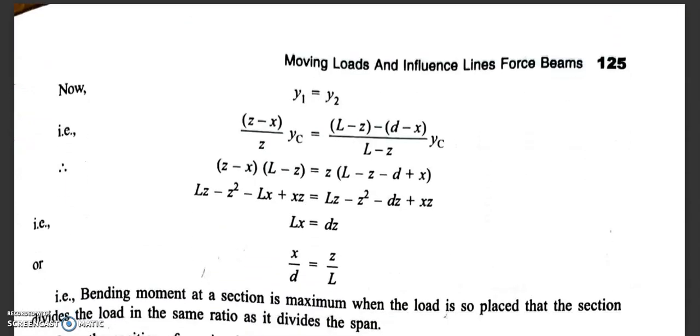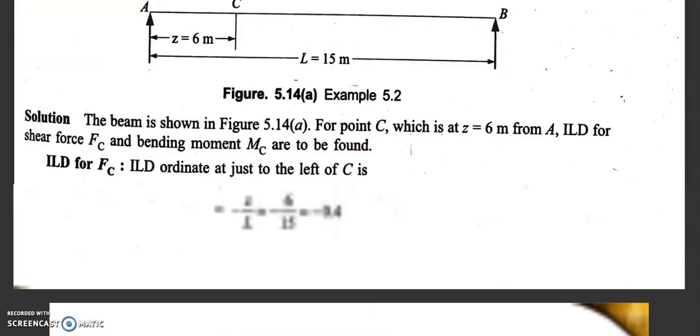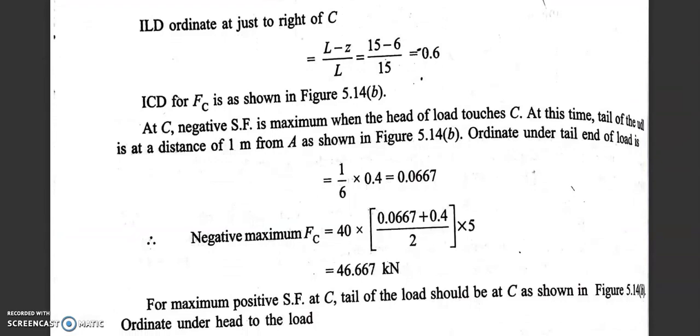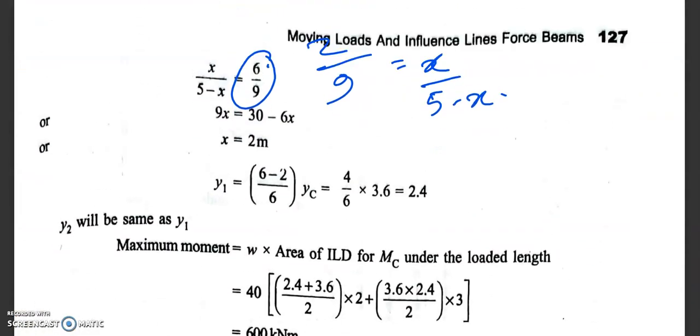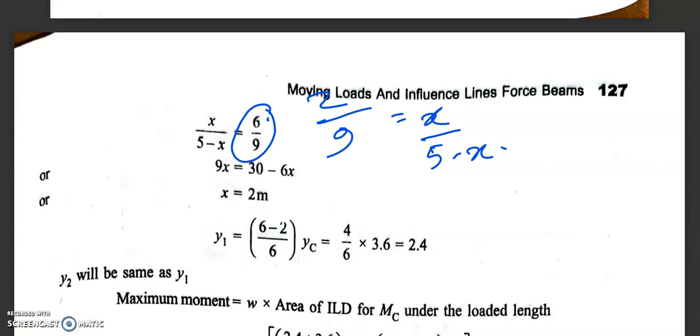So it is 6 by 9, that is the ratio. So Z divided by L minus Z equals x divided by 5 minus x.